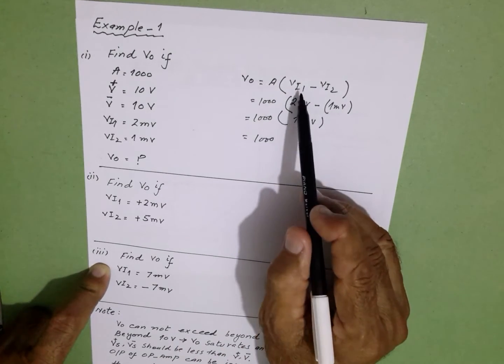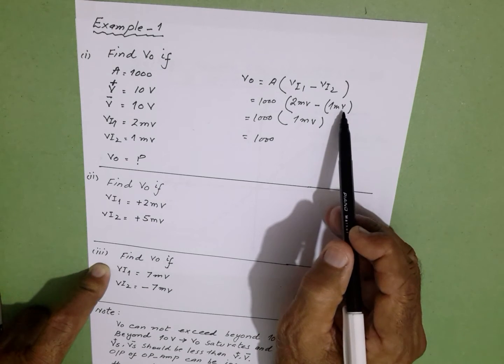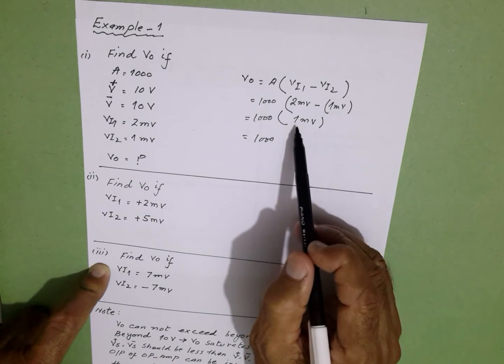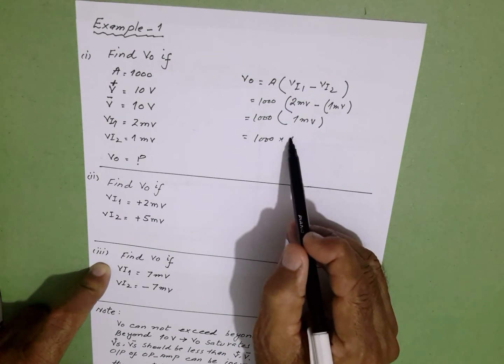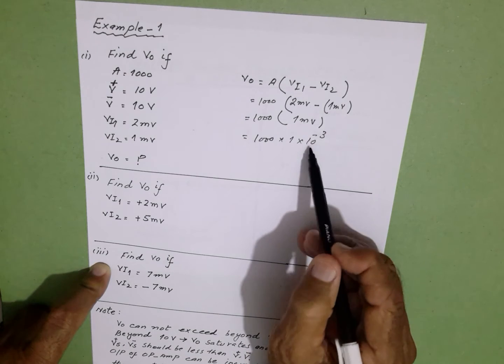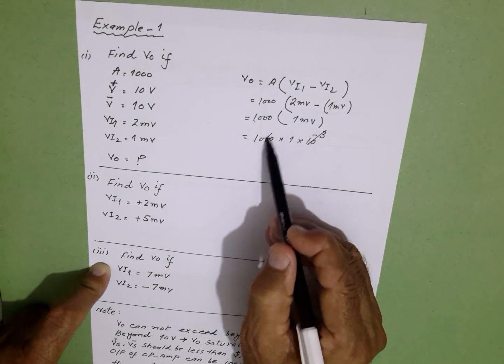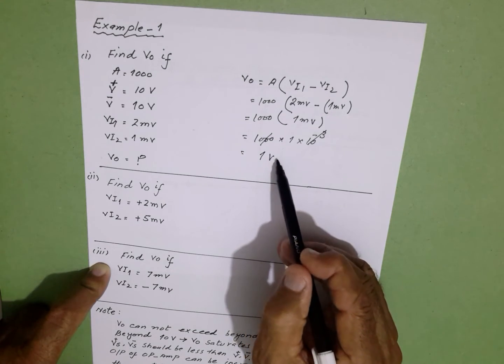We put the value of V input 1, which is 2 millivolt, minus 1 millivolt, and it becomes 1 millivolt. This can be written as 1 multiplied by 10 to the power minus 3. These 3 cancel with this 1000, and you are left with 1 volt.